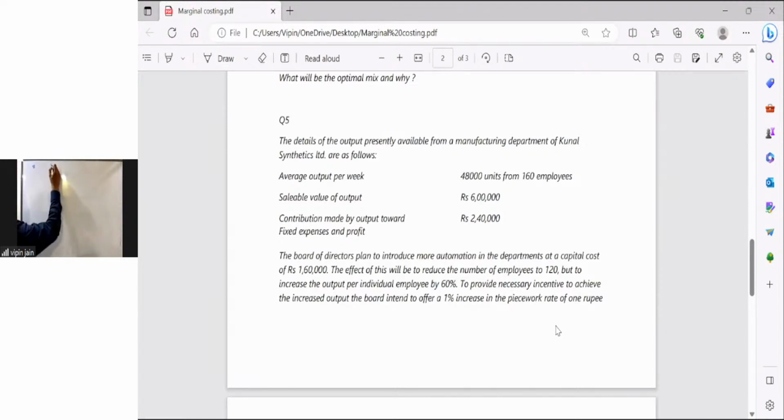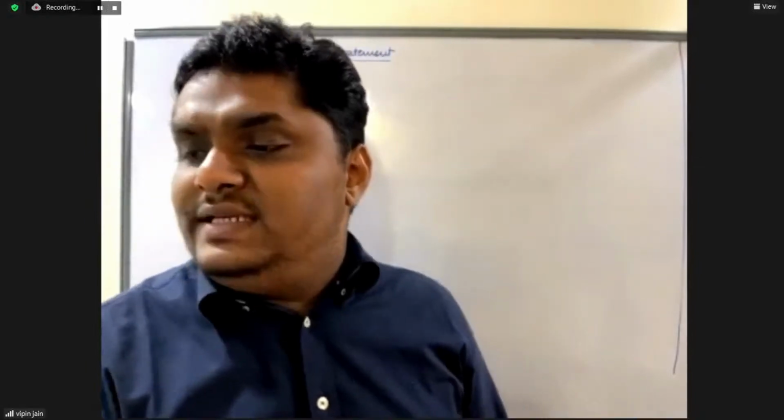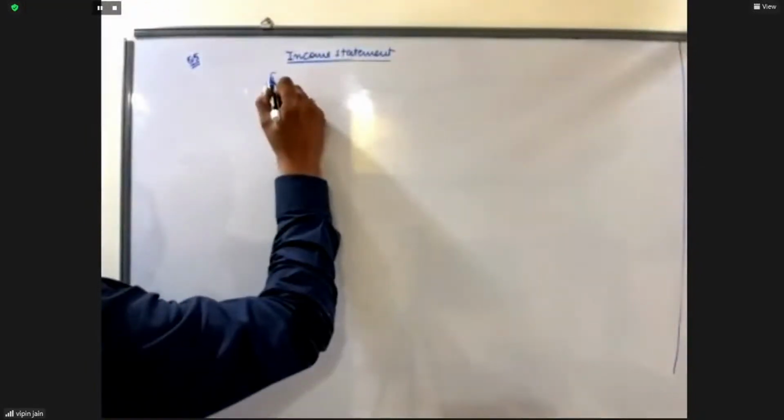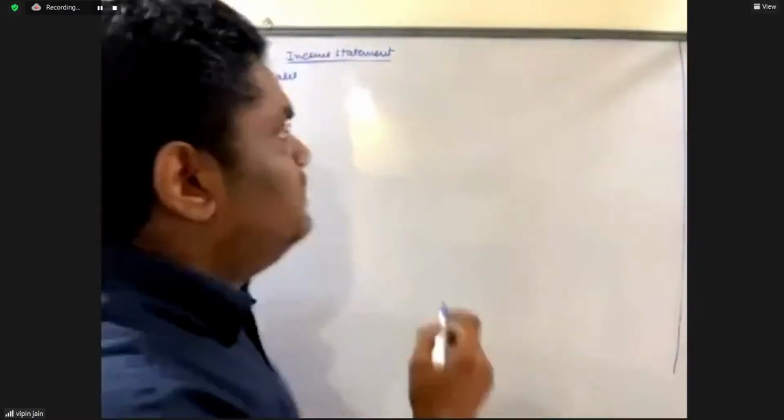So let's prepare the current income statement. We'll start with the income statement. The sales value is 6 lakh rupees.